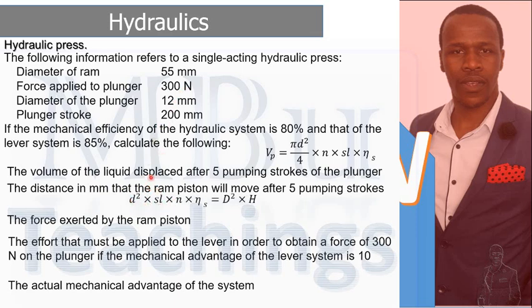You'll have your 12 squared here, you'll have your 200 here, you will have 5 here, you'll have 0.8 here. Now you know why 0.8. Percent means divide by 100, so that is why it will be 0.8. 8 over 100 is 0.8. Then we'll have 55 squared here.